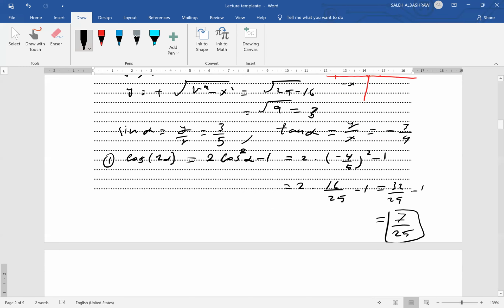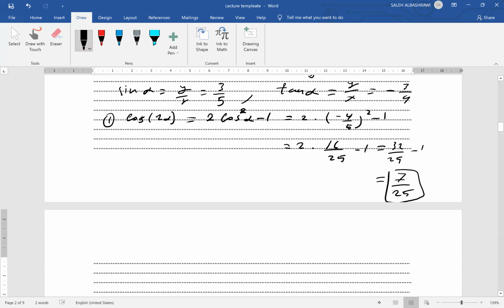Now the second one, number 2, sine 2 alpha. That is given to be 2 sine alpha multiplied by cosine alpha.